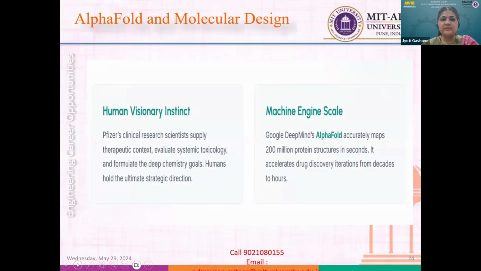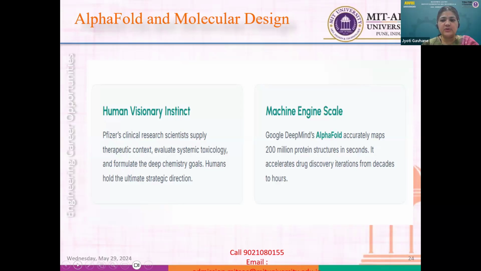This is one of the simple case studies I have been explaining: a clinical research scientist, in a therapeutic context, evaluates systemic toxicology and formulates a chemical, we can say a drug. So this is the human visionary instinct about one of the drugs.